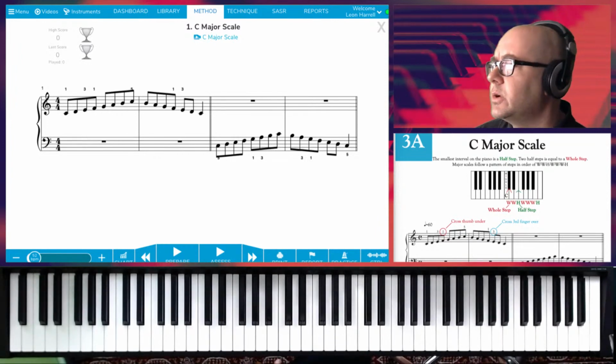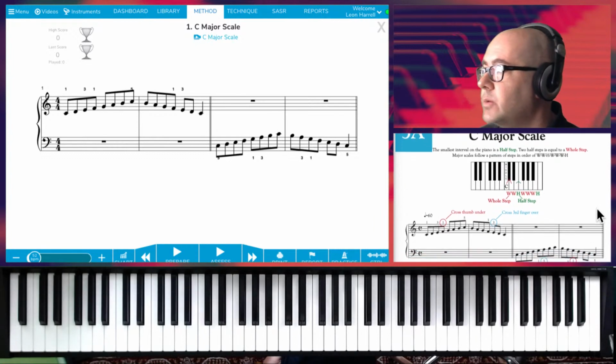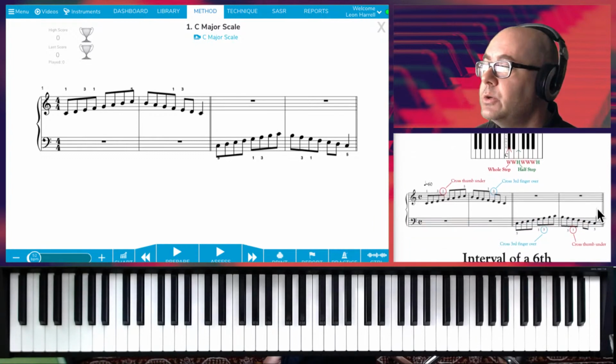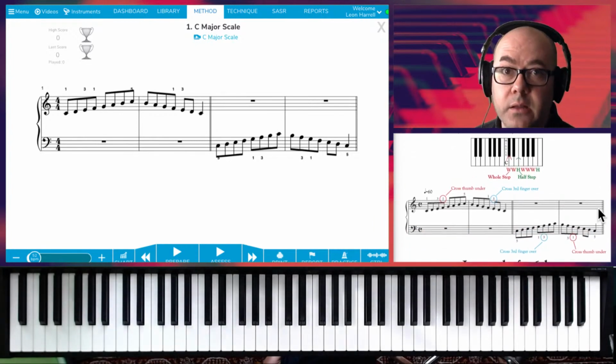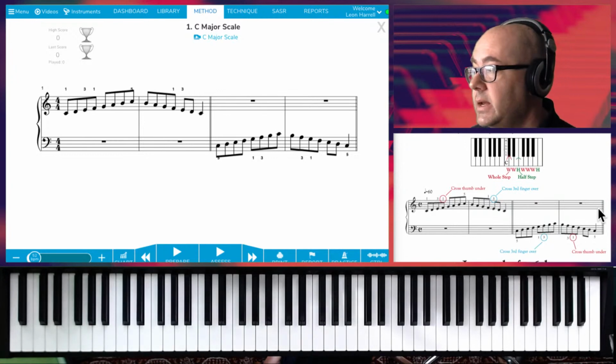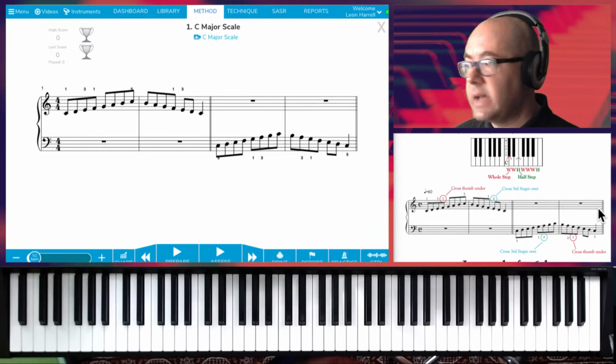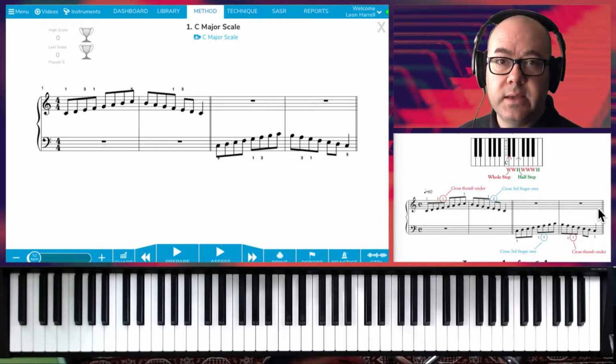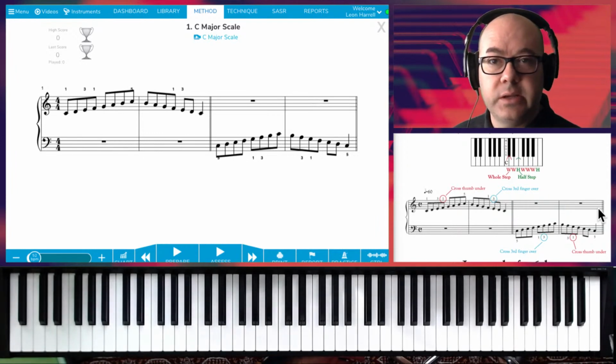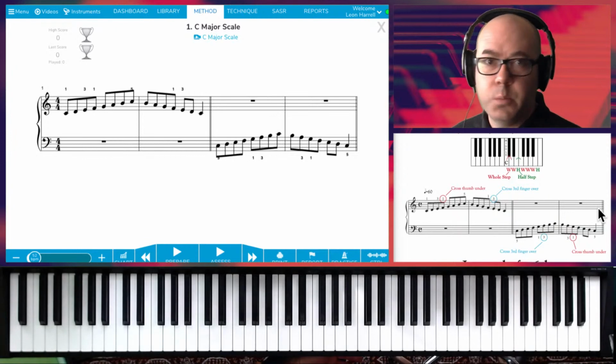Piano Marvel is going to continue on to talk about, in particular, how you would play this scale on the piano. If you're new to the keyboard, or you play another instrument, it's nice to know a little bit of piano, because I think that makes learning music theory easier and more accessible.